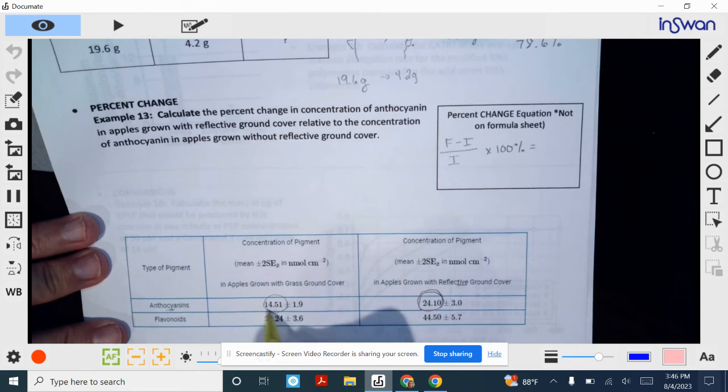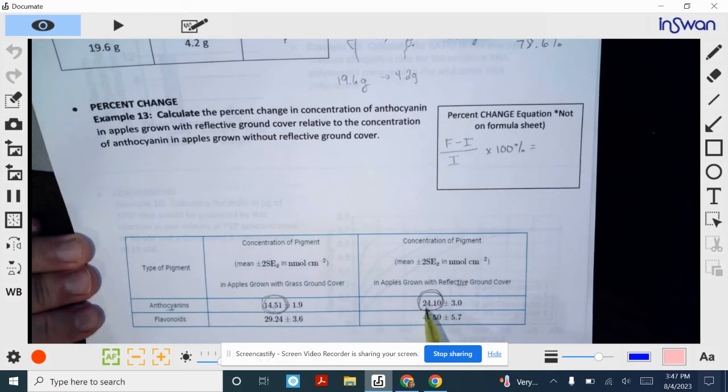Okay. Let's think about this. It looks like there's more as you move from here to here. So if I say the percent change, it looks like it goes up. So when I'm done calculating it, I better have a positive number because it's gone up from here to here. If I don't have a positive number, I've done something wrong. So try something else, okay?